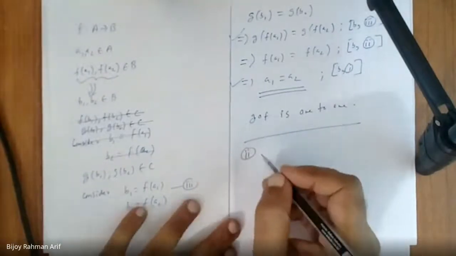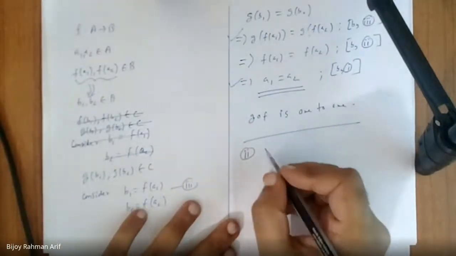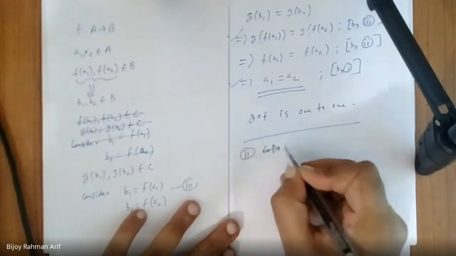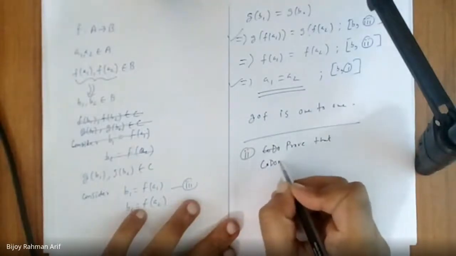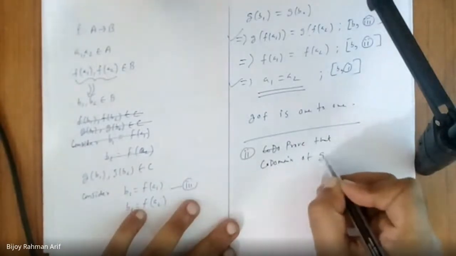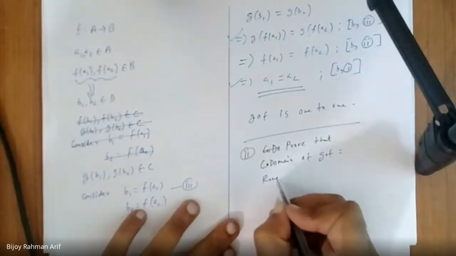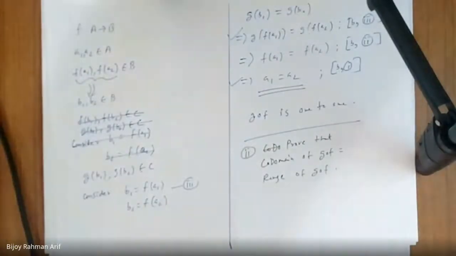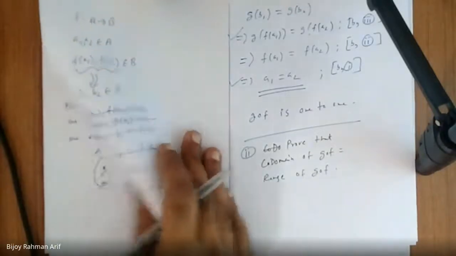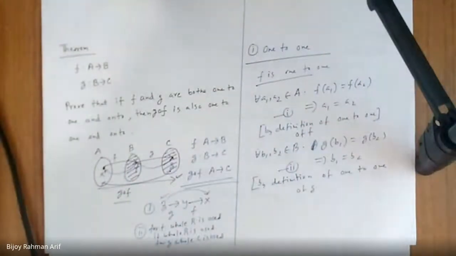We have to prove that the codomain of G o F is equal to the range of G o F. Quite simple.